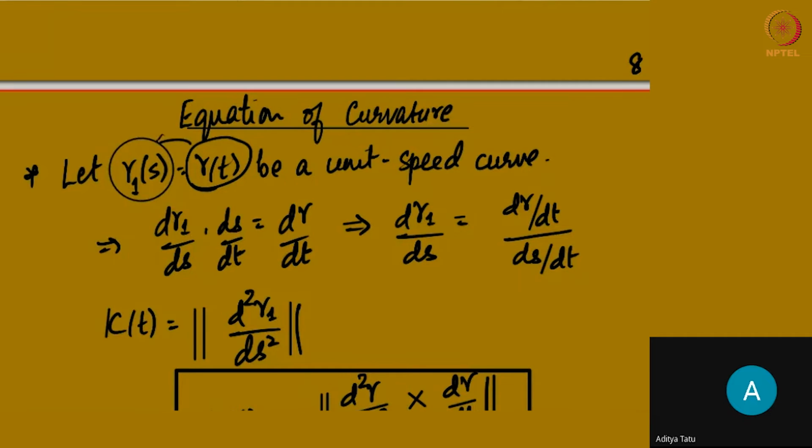Because they are still describing the same curve, the same path. But the difference is γ1 is a unit speed description. So I can compute the curvature by just computing the length of the double derivative of γ1, which is what we described.